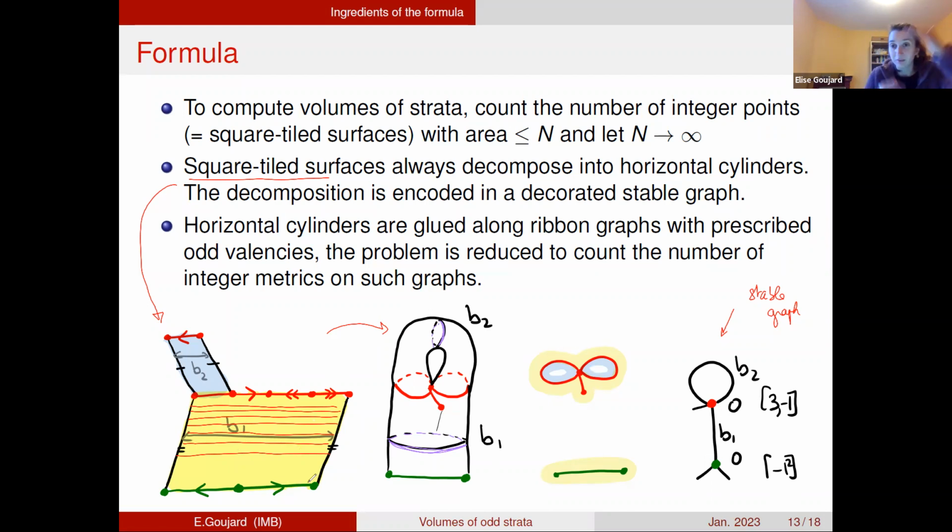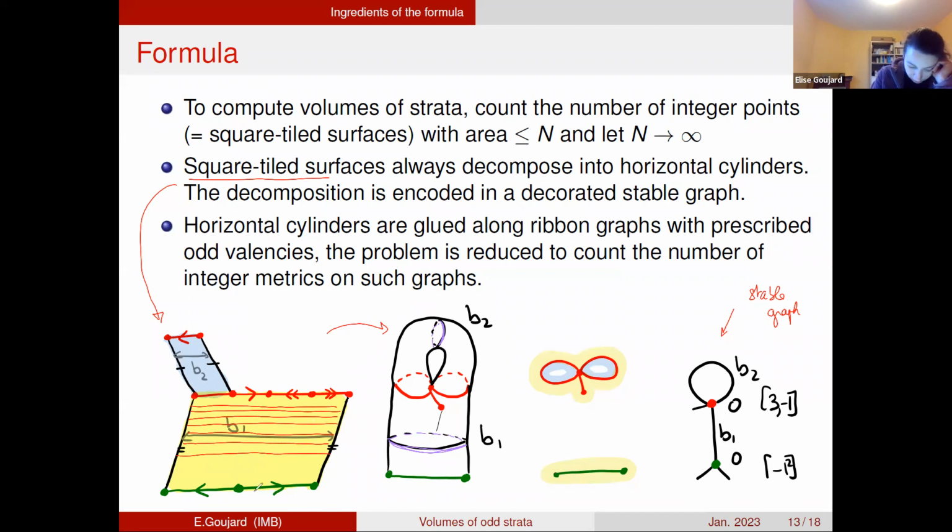So each cylinder is bounded by one or two critical graphs of the quadratic differentials. Actually, they're ribbon graphs because it's always a graph in the surface. So each vertex corresponds to a boundary of the cylinder, and you glue everything accordingly. And the half edges, so I should say, what are the half edges? The half edges are just the poles.